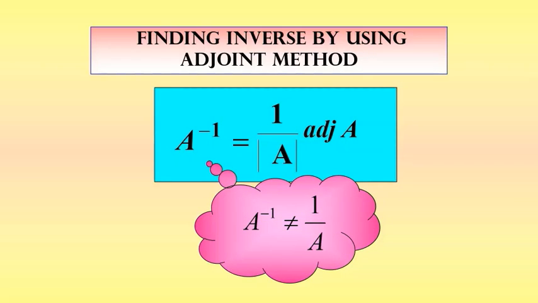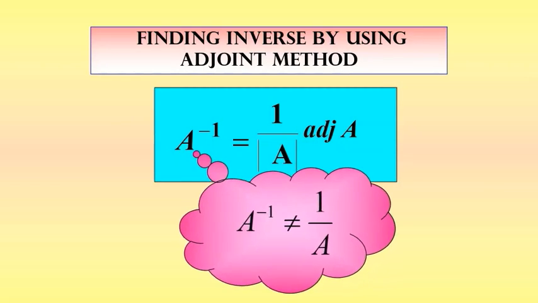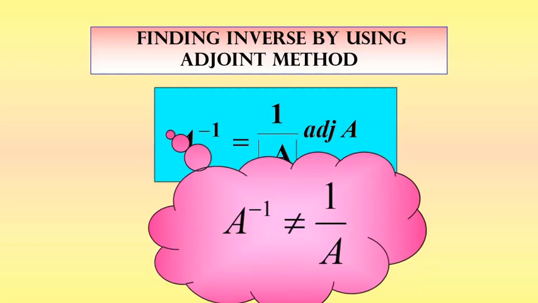And you have to remember that A to the power of negative 1 is the symbol of A inverse, not 1 over A, because this one is not an index, this one is a matrix. You have to take note about these things.